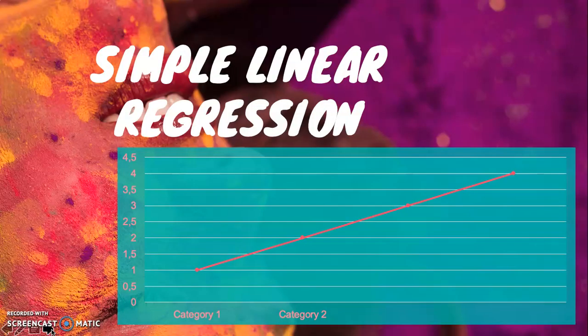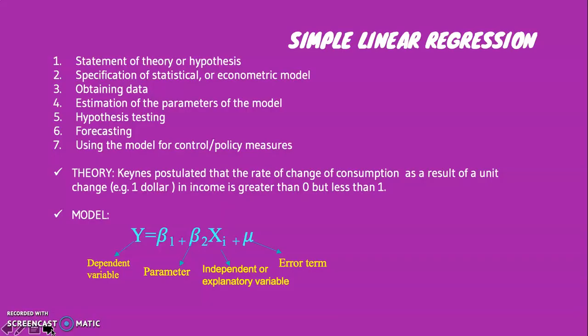Let's talk about simple linear regression by solving a problem or by doing an exercise. How do you carry out simple linear regression analysis? First, you need to have a theory or a hypothesis. Then you need to specify the econometric model for the hypothesis. Then you need to gather data or obtain data.